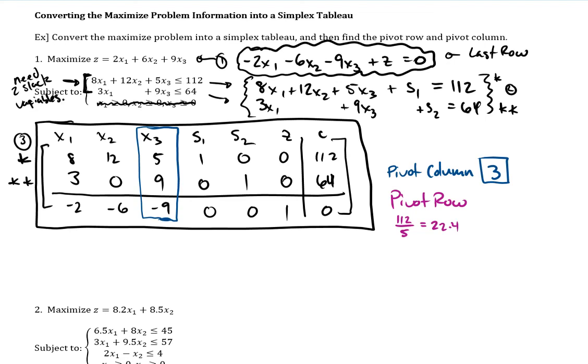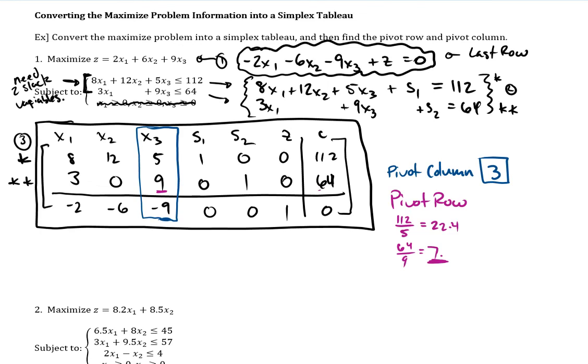So it's 22.4, and here you could use a calculator as well. That's the first division. Then 64 divided by 9 is about 7 point something. Again, you could use a calculator. I don't need the whole thing, because all I care about is whichever one is smaller. That's 64 divided by 9, and that came from the second row.